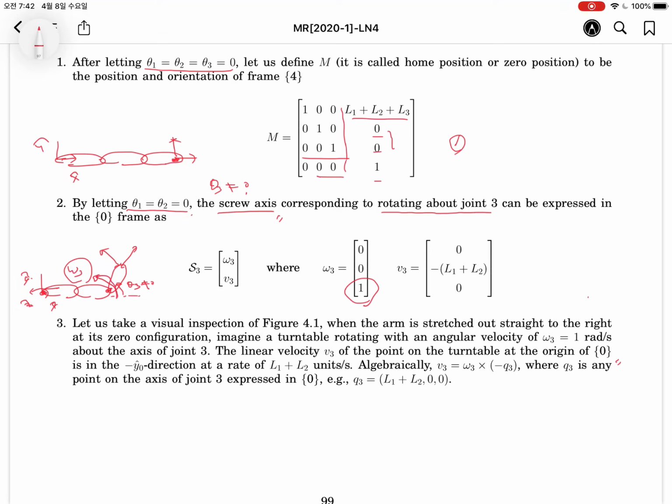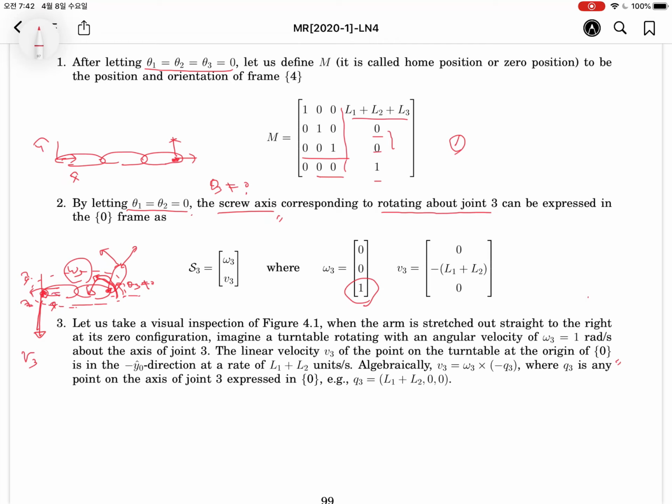So if you make this kind of rotational movement, at that time the linear velocity of the end frame will move like this. In this case, we can assume that this is a rotating turntable. If you make the rotational motion like this, at that time this position will make the linear velocity like this.